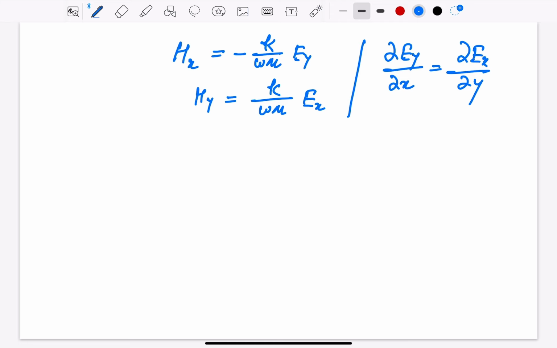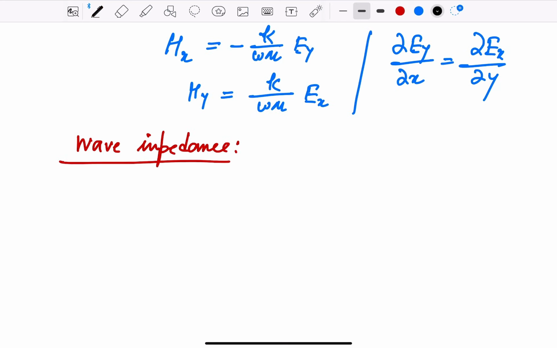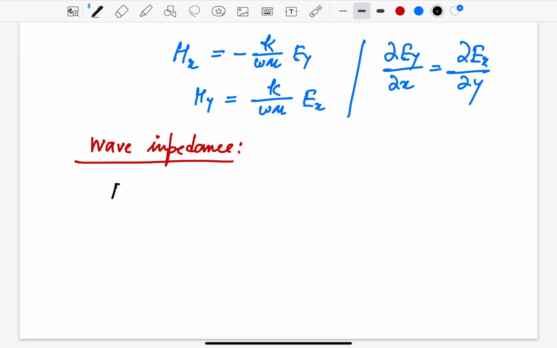Now here we are going to define a very important property, as I already mentioned, which is the wave impedance. If you see these 6 equations considering the TEM mode only, you may conclude like this. If you take the ratio, you will find that Ex over Hy is equal to k over omega epsilon.